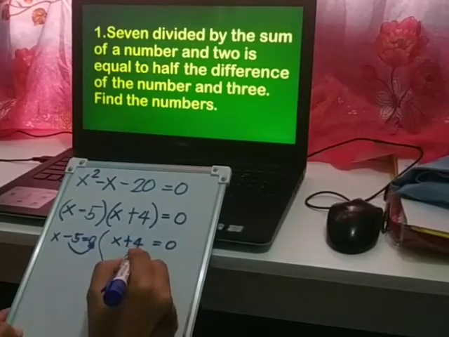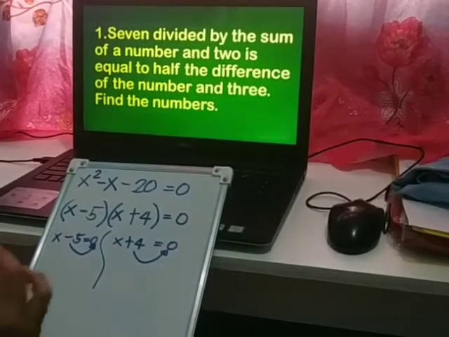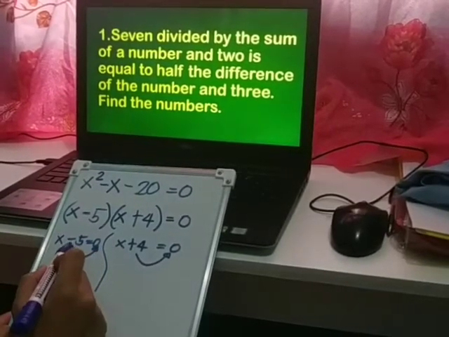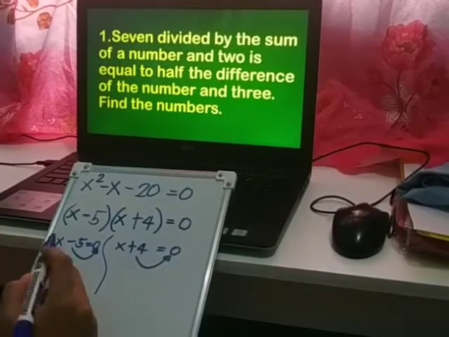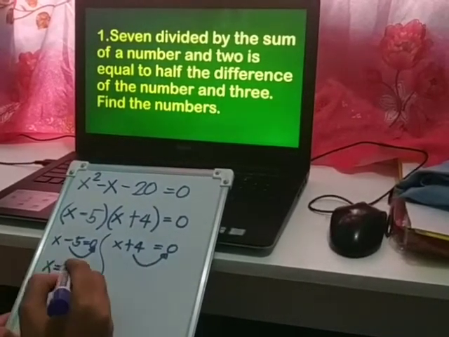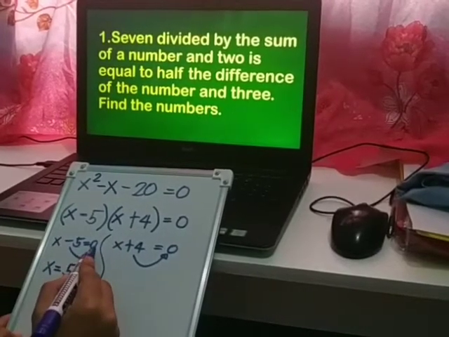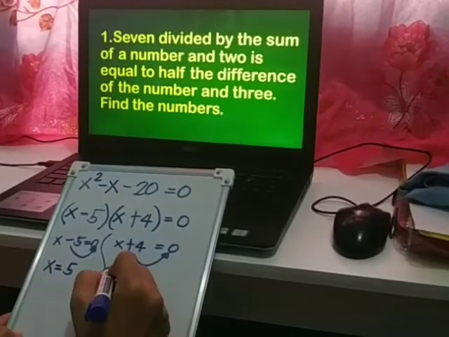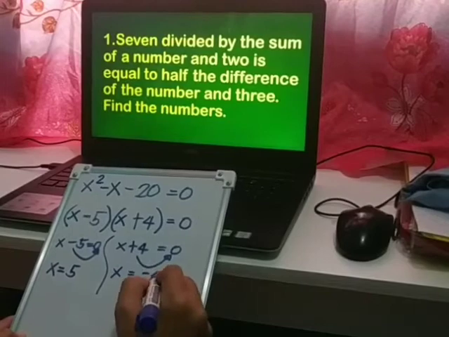Also, positive 4 to the other side so that we can solve for x. Remember, when you transfer them to the other side of the equal sign, they change their sign. Okay? And so, x equals 5. From negative 5, you transferred it to the other side, that becomes positive. Also, we have here x equals, from positive, it will become negative.